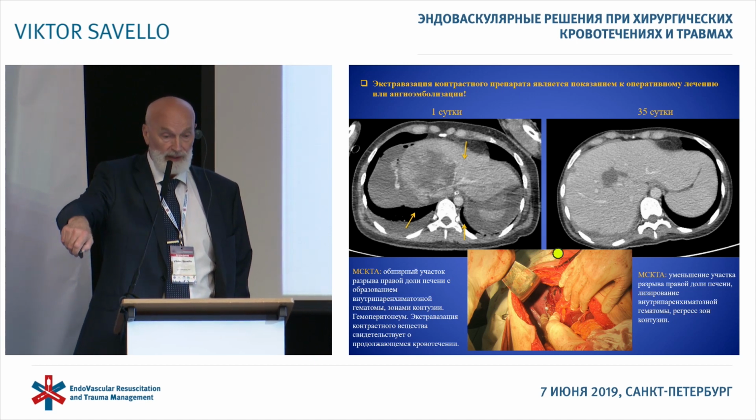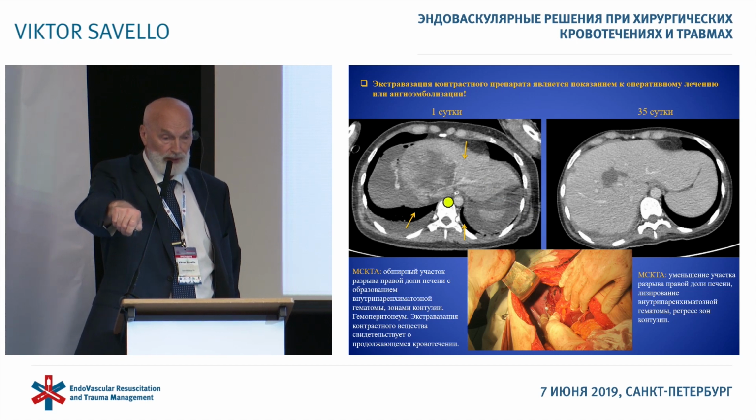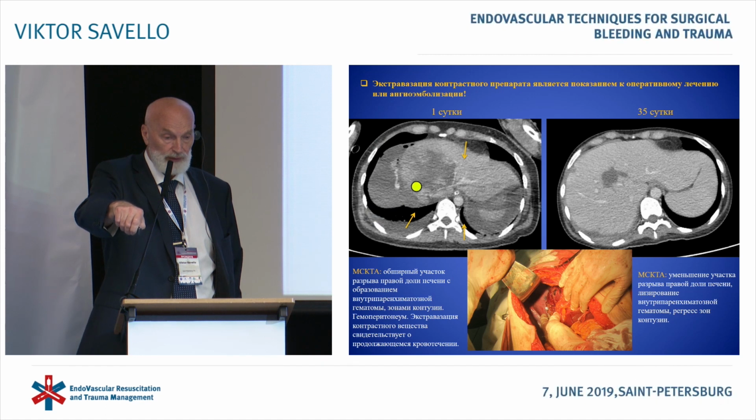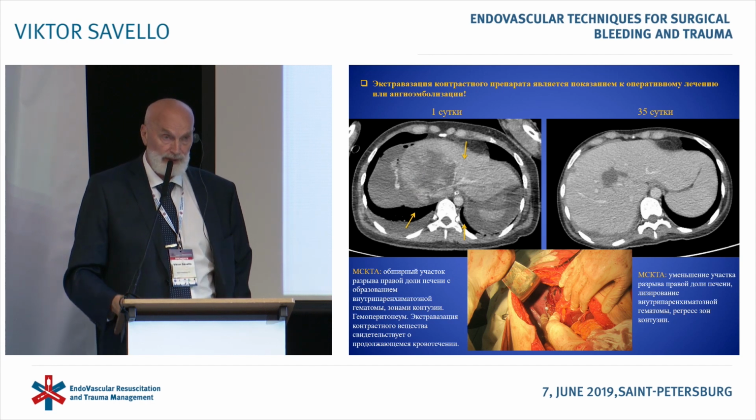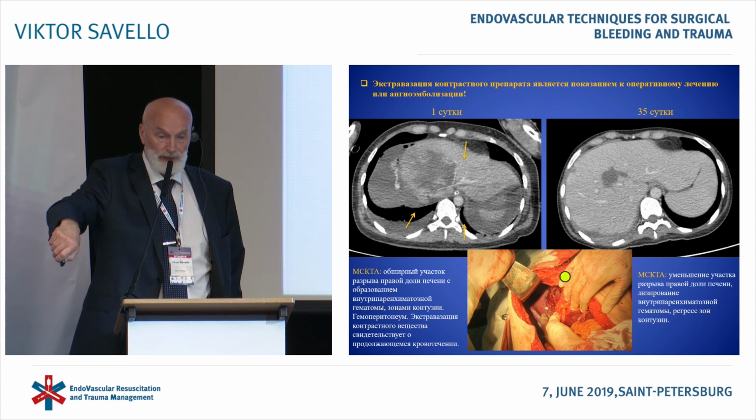This is a closed polytrauma of abdominal area. CT angio shows a big rupture, hematoma, and hemorrhage in abdominal area. We also see that the contrast was extravasated beyond aorta, which shows that the hemorrhage is ongoing. The patient was taken to the OR.